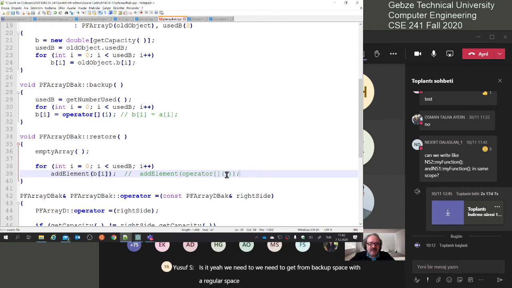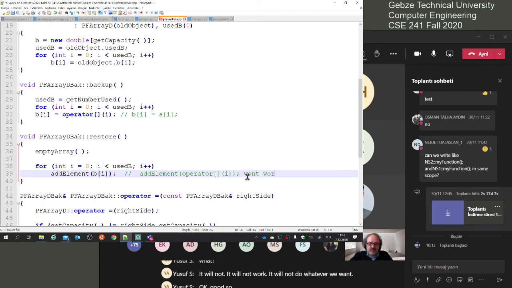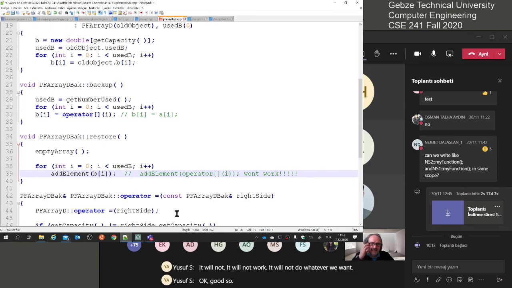This is what this one is using, the regular space. So this is wrong. This will compile, but it will not work. It will not do whatever we want. Okay, good. So this is wrong. It won't work. And this is okay.